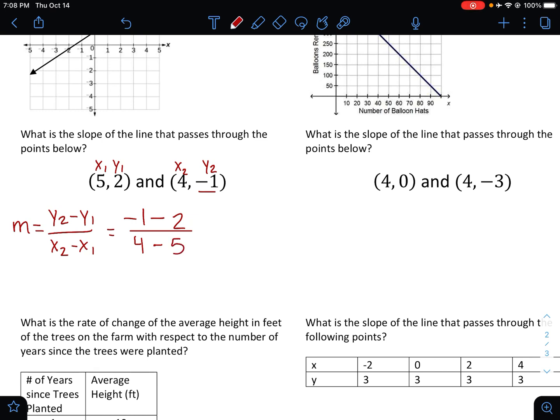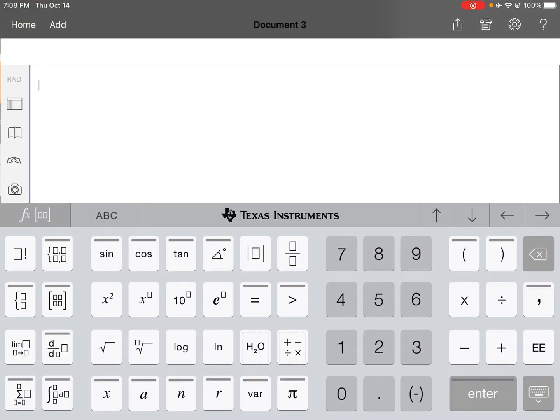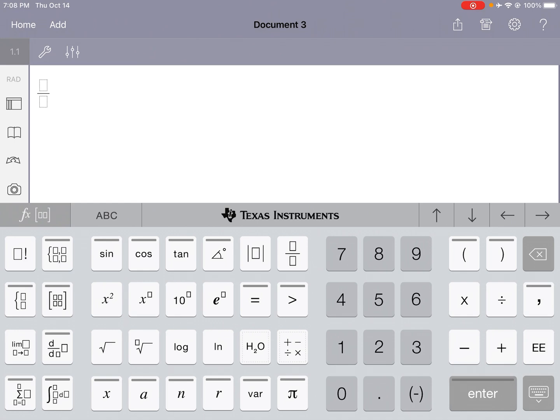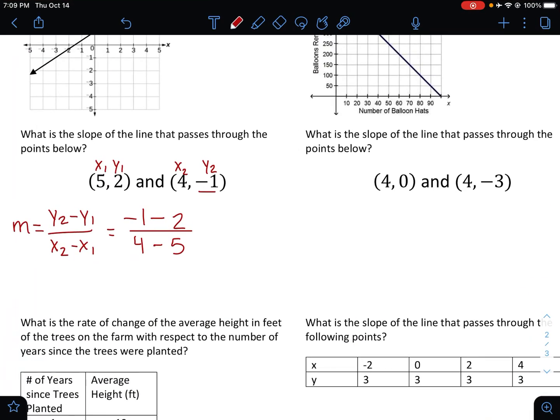Then we switch over to our calculator, and we type it in the calculator. So we use our fraction button, the yellow button, divide, and we would type in negative 1 minus 2 over 4 minus 5. Press enter. It tells us we get 3, so 3 is our slope. So our slope m equals 3.